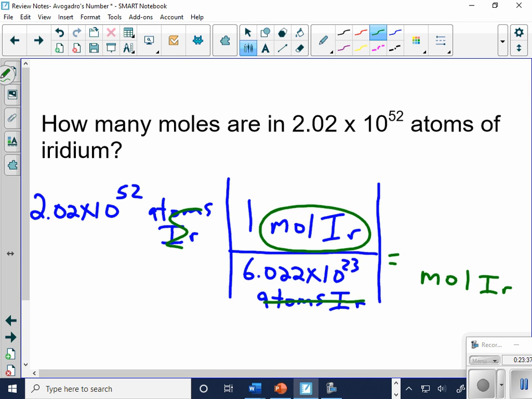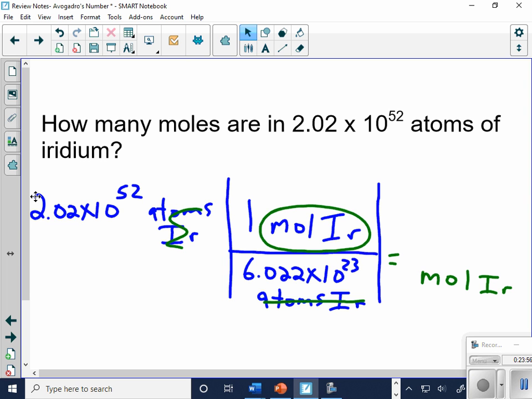So what I'm going to do is take 2.02 times 10 to the 52nd, multiply by 1, and then divide by Avogadro's number.